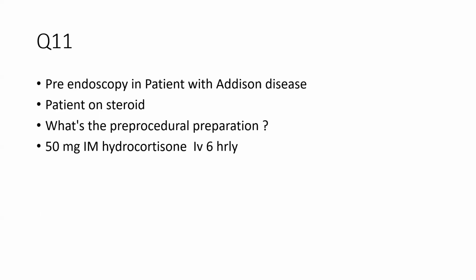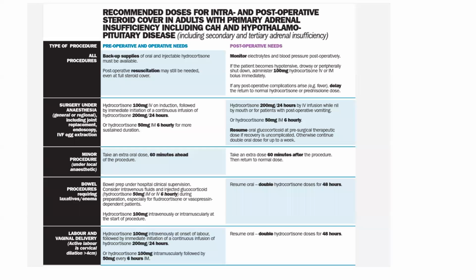The candidates didn't remember accurately what the options provided were, but the closest would be 50 milligram IM hydrocortisone, or the other option would be hydrocortisone 100 mg IV on induction. So I'll just go through all the things as per the guidelines on the Addison's Society website. I think we should be aware of this.